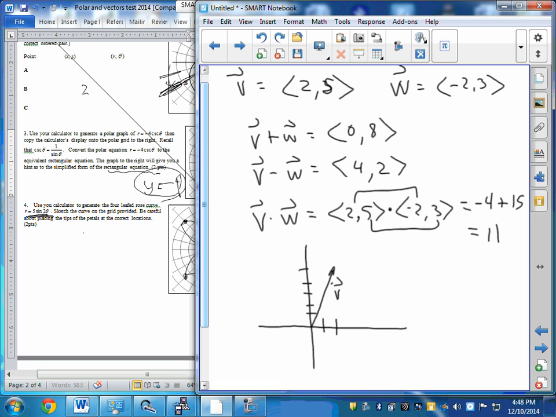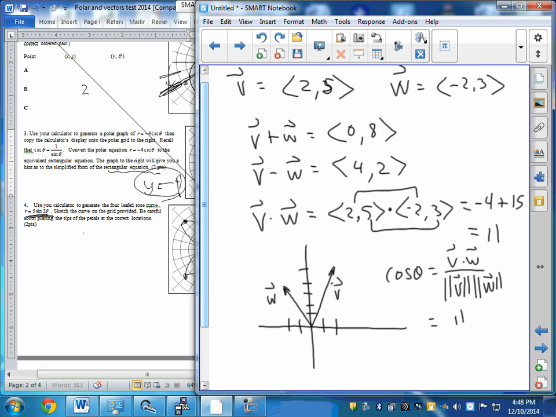There's vector v, and negative 2, 3. There's vector w. And our task is to find the angle between. We know the cosine is the dot product divided by the product of their magnitudes, their lengths, if you will.